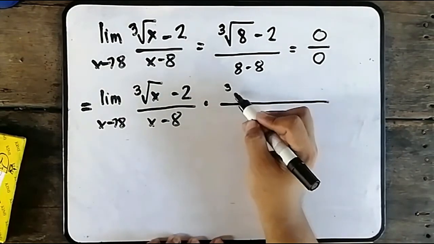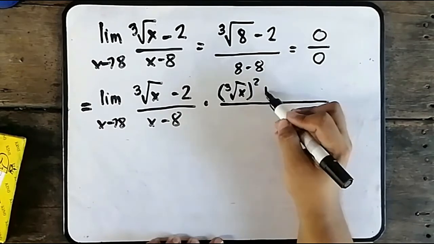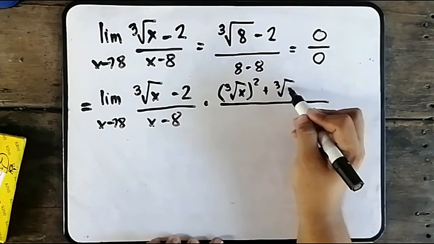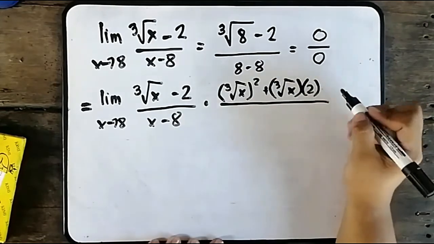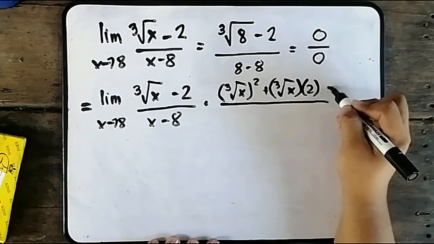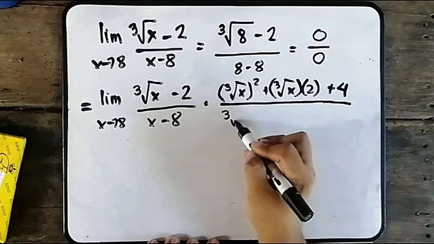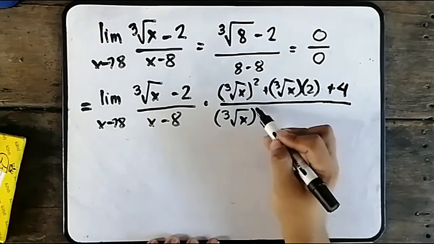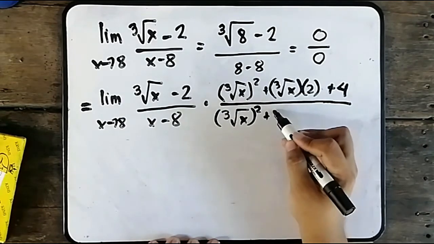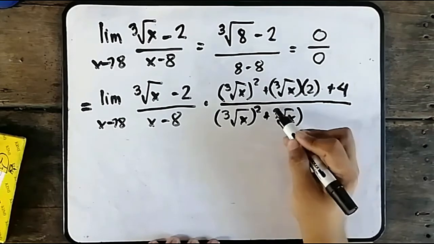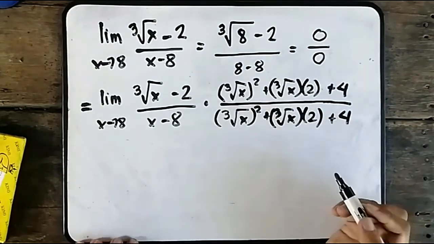We have cube root of x squared plus cube root of x times 2 plus 4. Ganon din sa baba, cube root of x squared plus cube root of x times 2 plus 4.